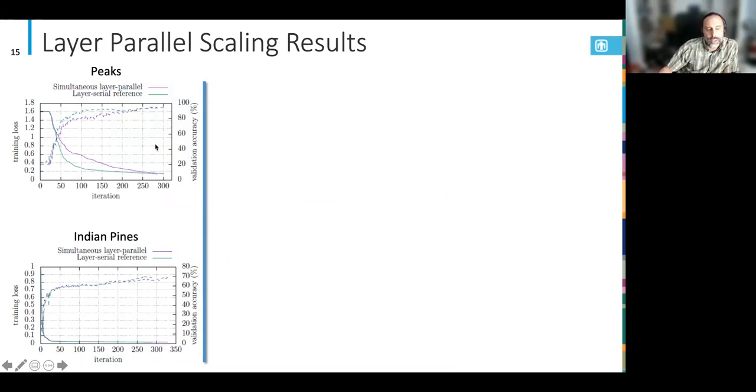What this is showing is that for both the peaks and the Indian pines problem, despite the fact that we're doing this inexact forward and backward propagation, both the loss and the validation accuracy match the serial version of the code well. So we're not really being penalized from an accuracy standpoint for doing this inexact forward and backward propagation.